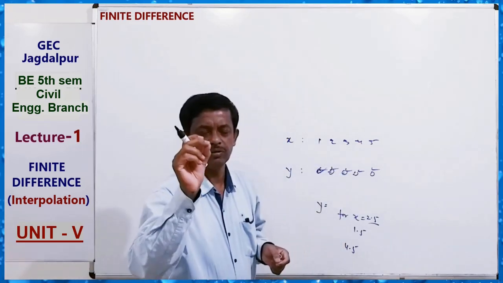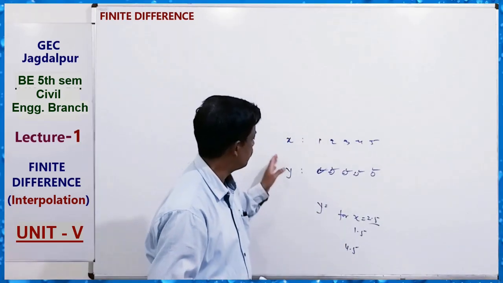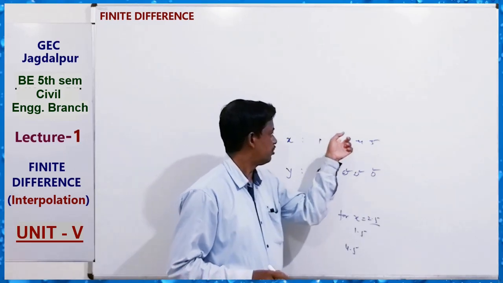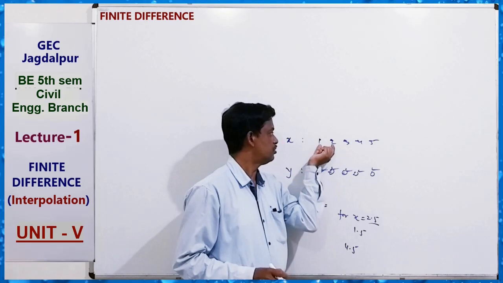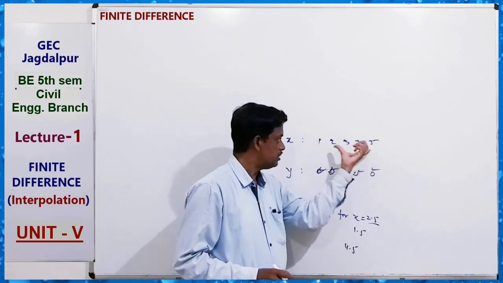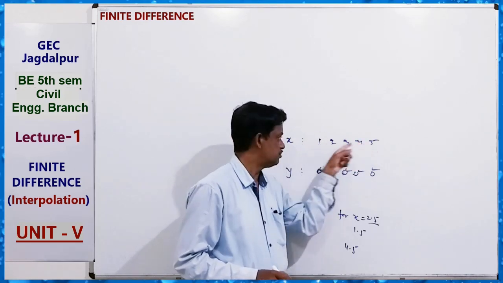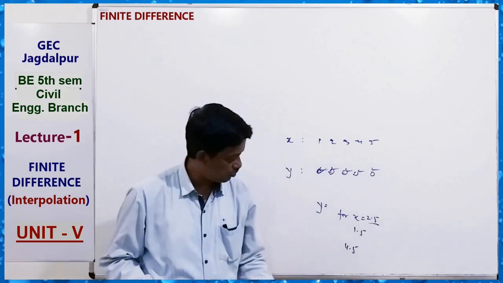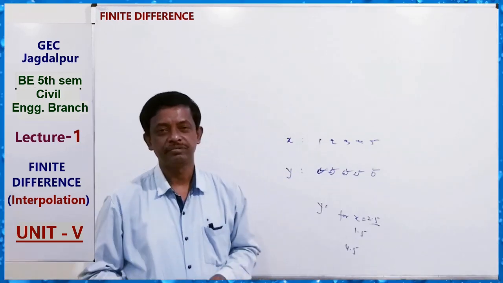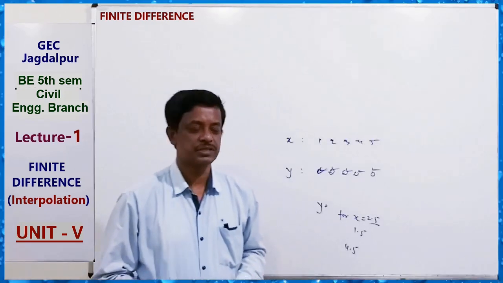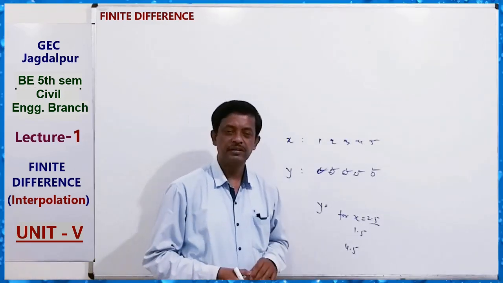If we want to find the value of y for 2.5, that is in between 2 and 3, or 1.5 in between 1 and 2, means within this range, except these values, then what process will we adopt?